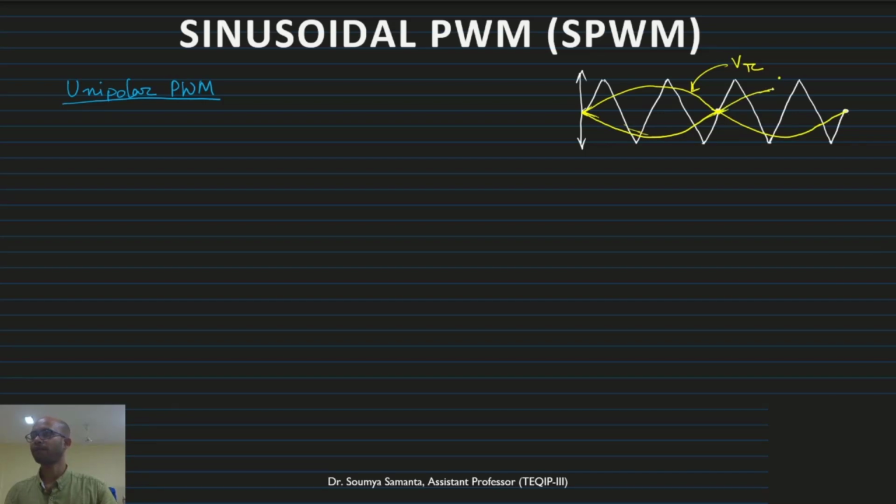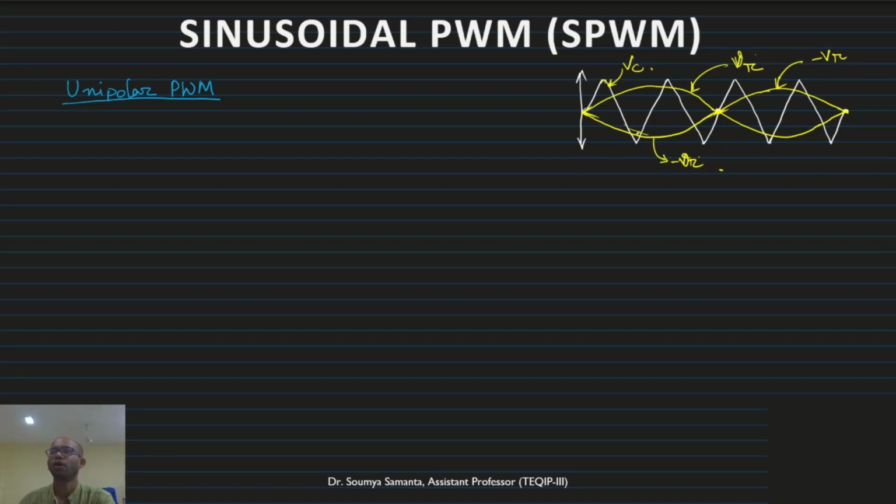This is also a sinusoidal reference voltage. Now this voltage is called VC, the carrier voltage. This is the triangular wave carrier we are giving.